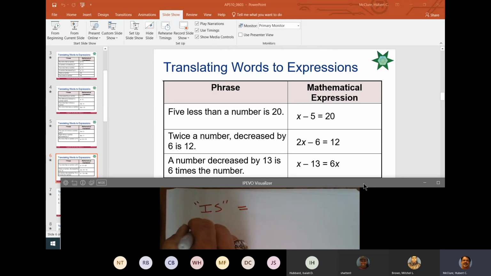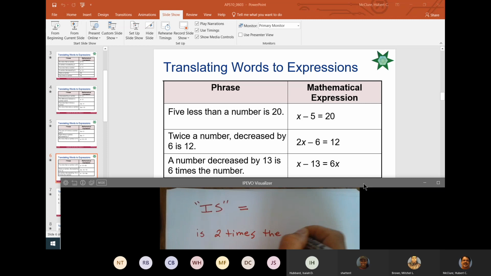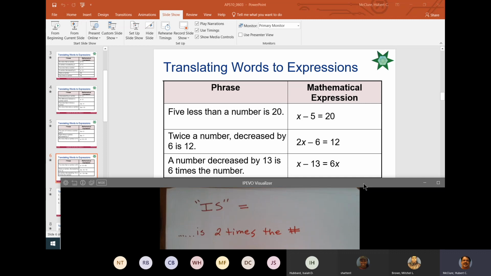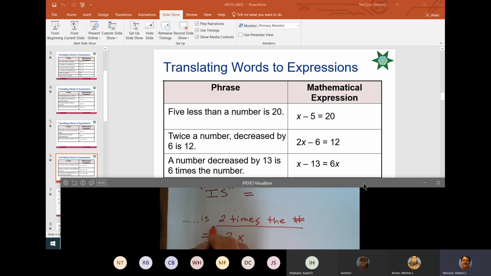So if I have is 2 times the number, okay, I've got a bunch of words in front of it, but I've got is 2 times the number, then I can guarantee you that's going to be equal to 2x, because this is to the right of the is. And if it's to the right of the is, chances are it's going to be on the right side of the equal sign.